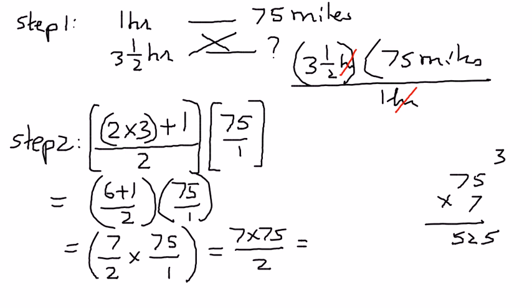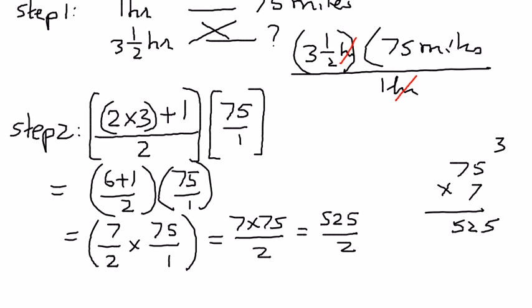So 7 times 75 is 525, and then we're going to divide that by 2. So if we want to simplify that some more, we're going to come up with a value which is equal to 262 and 1/2.